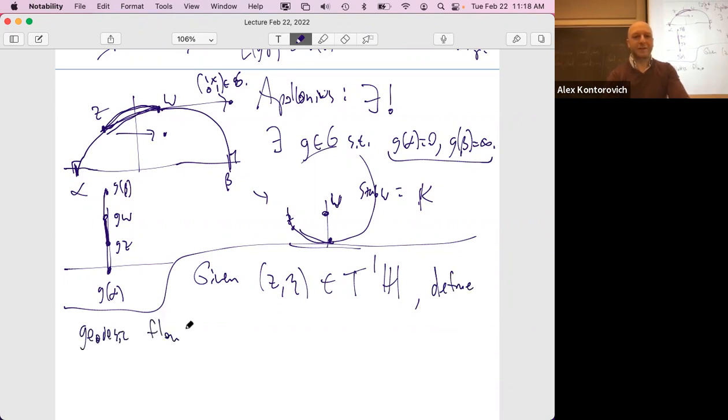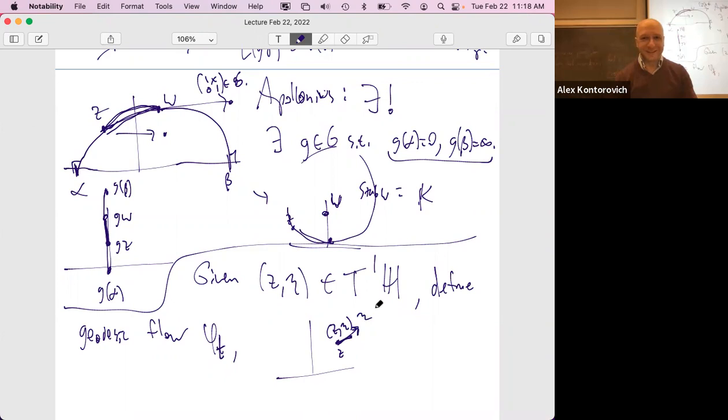Some people call this V_t: you have Z and you have eta, and you follow the geodesic that's locally in the direction of eta for a distance t. This uniquely determines the geodesic, again by Apollonius.